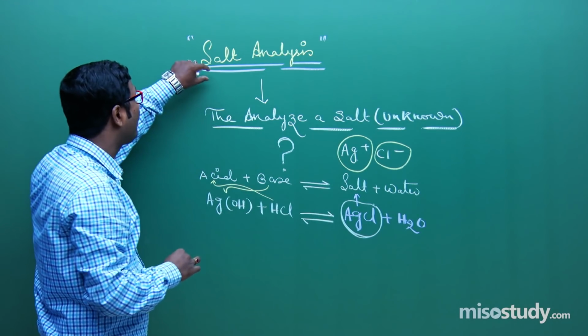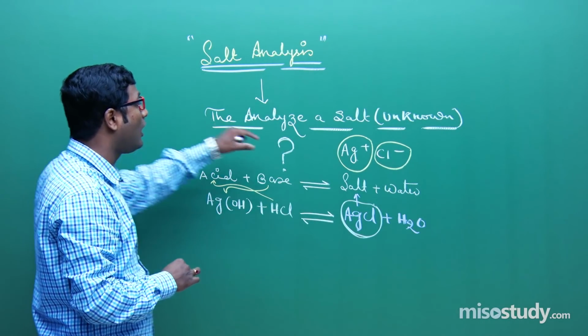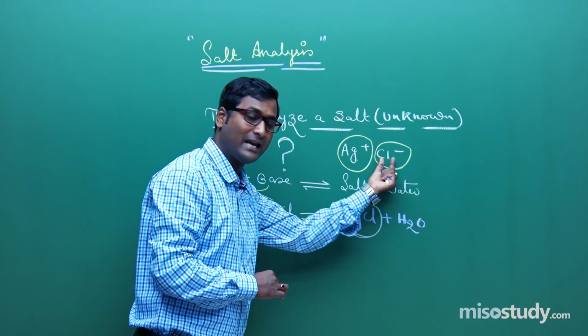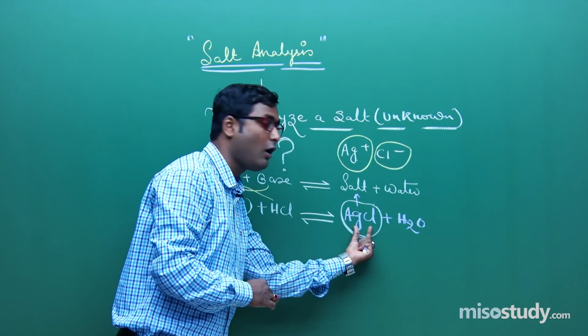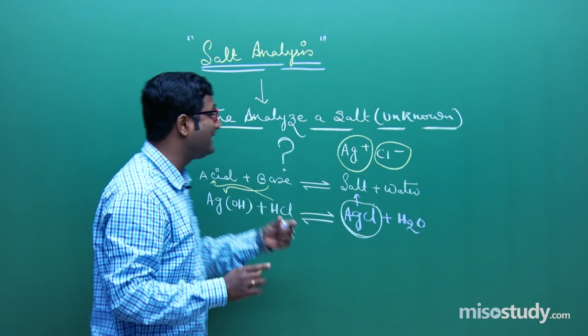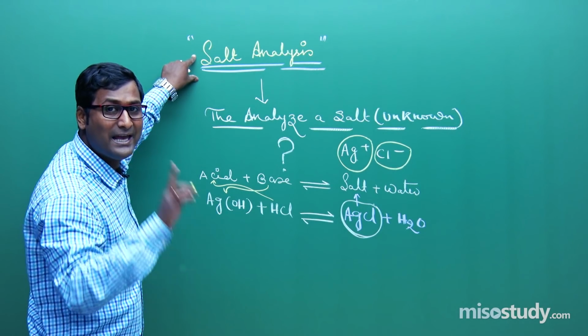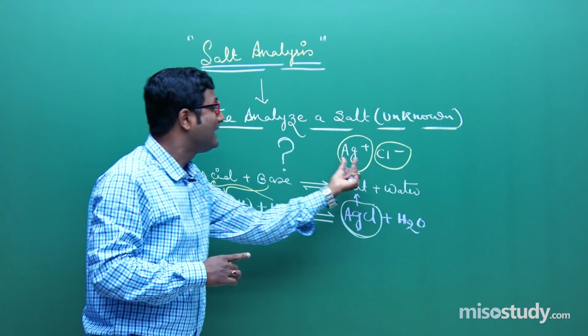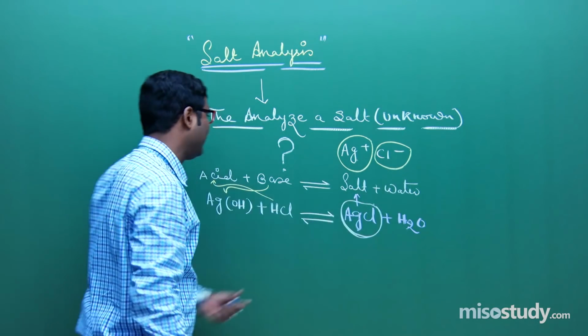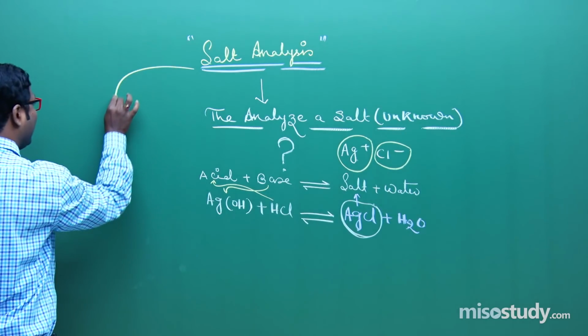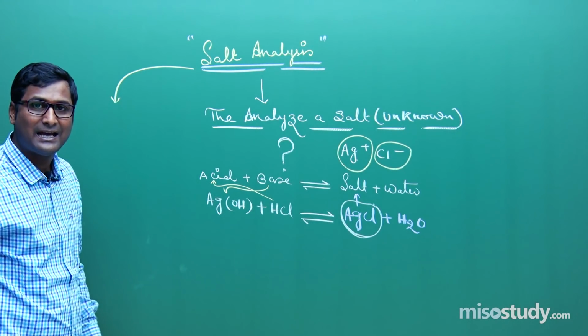That is, the process of detection of cation and anion from the unknown sample of a salt is known as salt analysis. Clear to you? In salt, what to detect? Cation and anion.